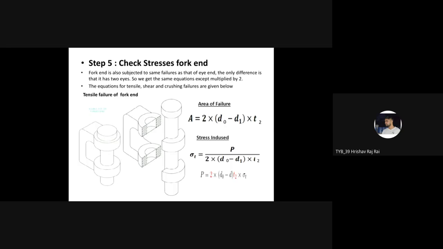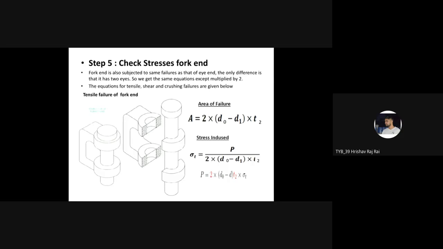As there are two eyes, that's why 2 is multiplied for that, multiplied by the thickness of the fork. Thickness we have considered as T2. So here the value of stress will become the force which we have to transmit, divided by 2 into (dO minus D) multiplied by T2. Finally, I'm going to provide all the formulas in one table only.